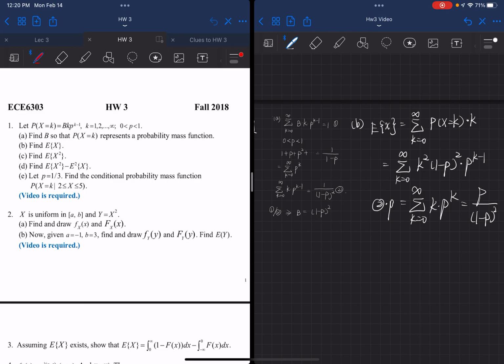And if we take the derivative of this function, we get that the summation of k to the power of 2 times p to the power of k minus 1 equals the derivative of this.